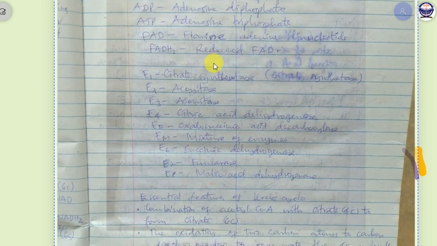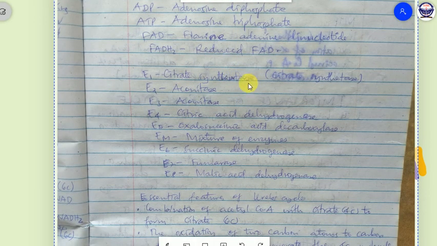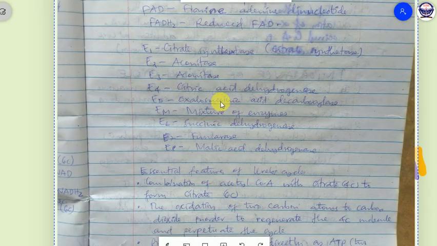Enzyme 1 ni citrate synthetase, enzyme 2 ni aconitase, enzyme 3 ni aconitase, enzyme 4 ni citric acid dehydrogenase, enzyme 5 ni oxalosuccinic acid dehydrogenase. Enzyme sapa naona wamesema EM, that is the mixture of enzymes.